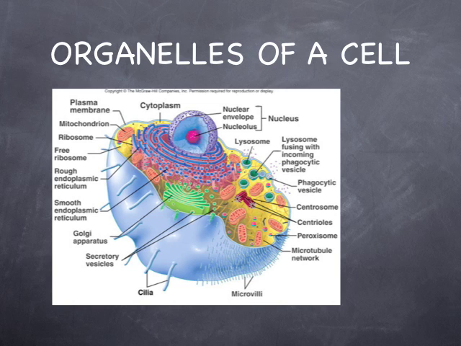And that's what this picture is in your textbook. This can be helpful because it gives you more of a three-dimensional picture. It's not reality like the electron micrograph is, but it at least gives you this sort of feel for what all of these different structures might really look like. So this can be helpful.